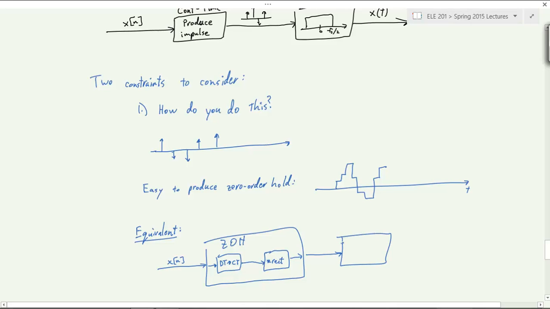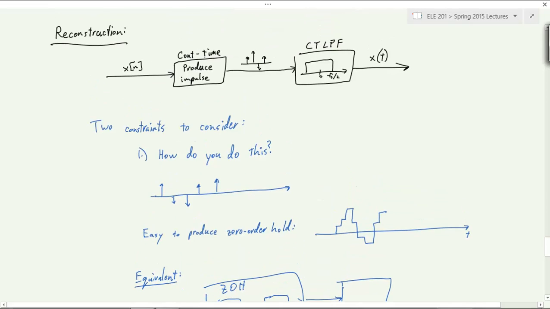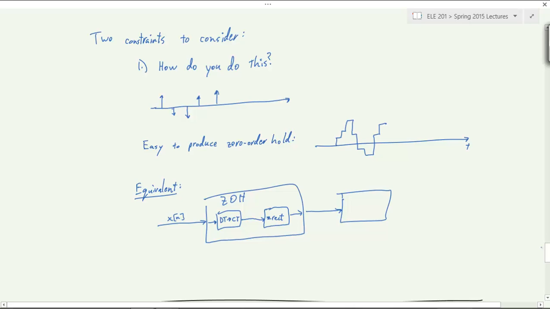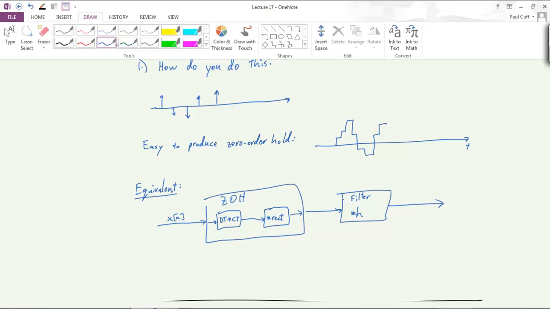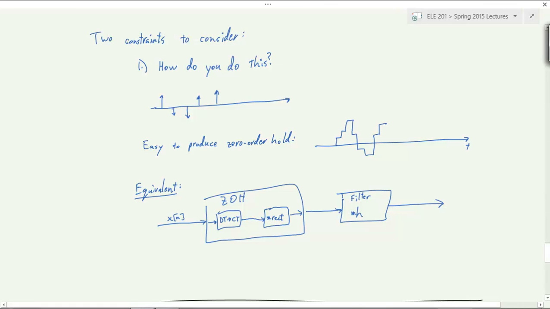Now here's what we actually want. Before, we were going to convert to continuous time and then do a low-pass filter. Well, I'm going to say that we do a filter here, but I'm not going to say that it's an ideal low-pass filter. I'm just going to say we do some sort of filter here. We're going to see that we want to actually modify this filter because we're using a zero-order hold. So we notice that we have two convolutions in a row.